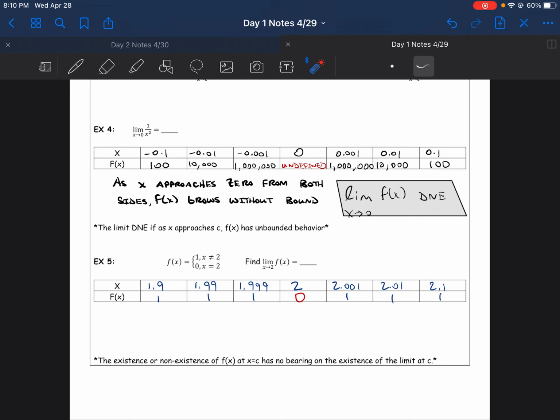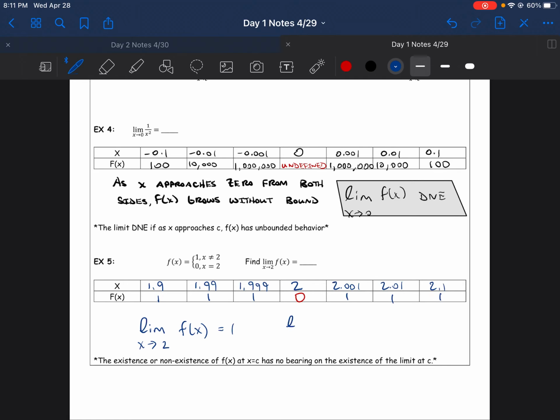From the left side, the function values are all going to 1. From the right side, all the function values are going to 1. So the limit as x approaches 2 of f of x is equal to 1, because that's what the function values are approaching on the left and the right side.